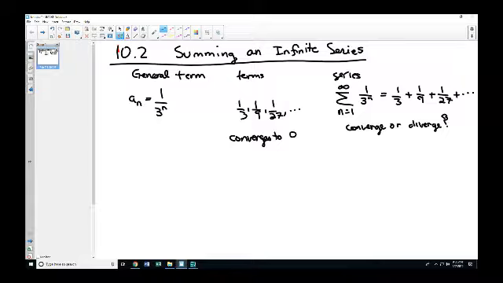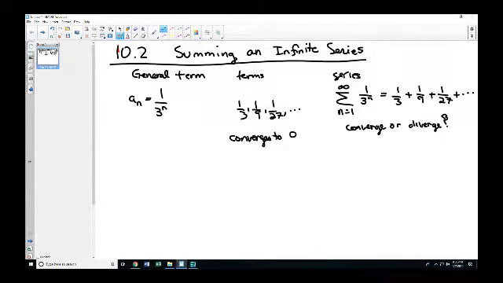4 9ths. That's where it converges. No, that's wrong. What? Okay, never mind. It's going to be greater than 1/3, but less than. Okay, so here's what's crazy. Most of the series that you see, you cannot determine what they converge to. You can only determine that they converge or diverge.